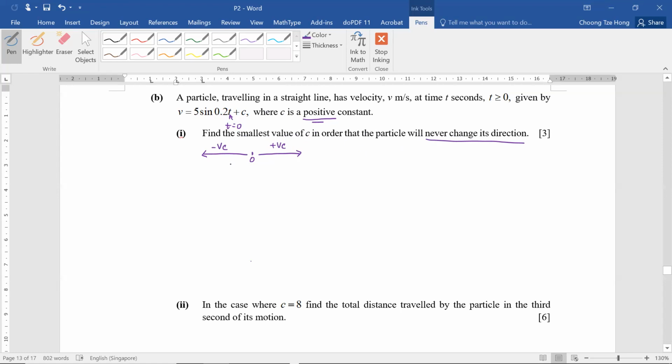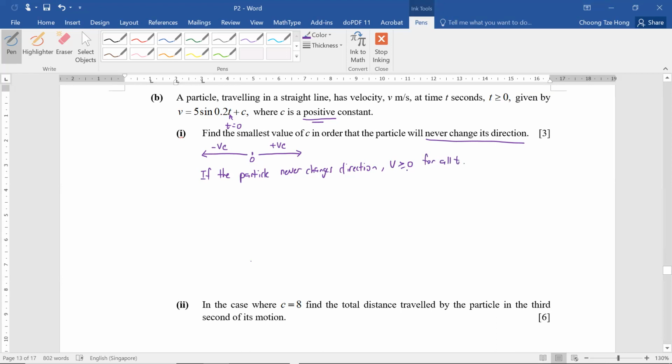So what we can write now is that if the particle never changes direction, then for this question, because c is a positive constant, the velocity is always greater or equal to 0 for all t.